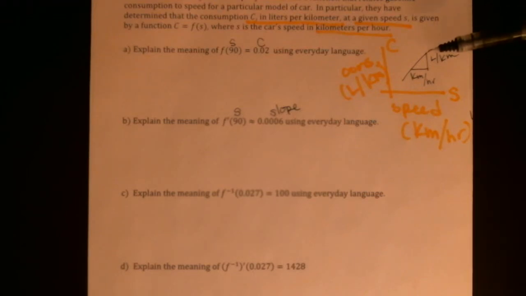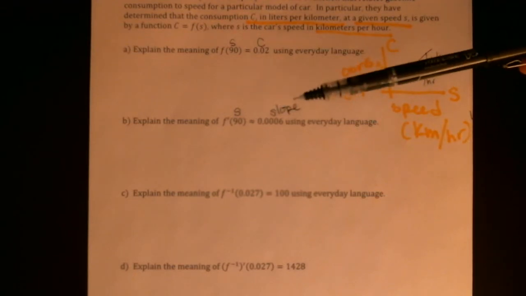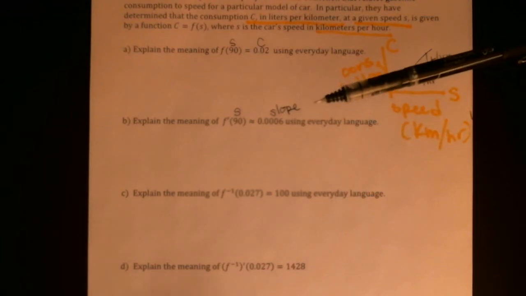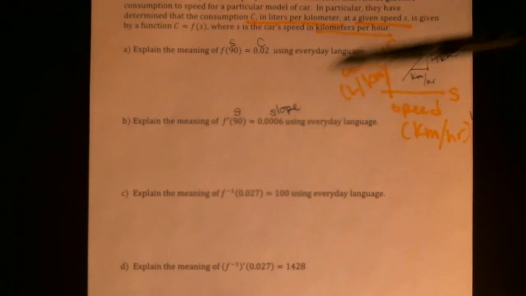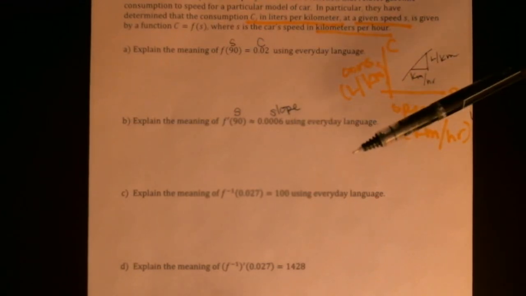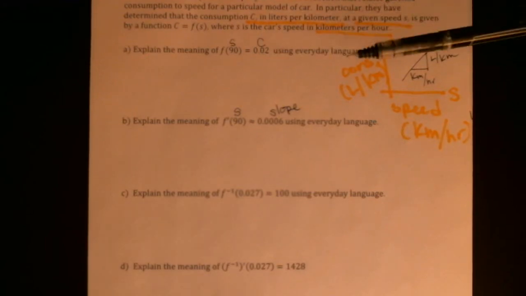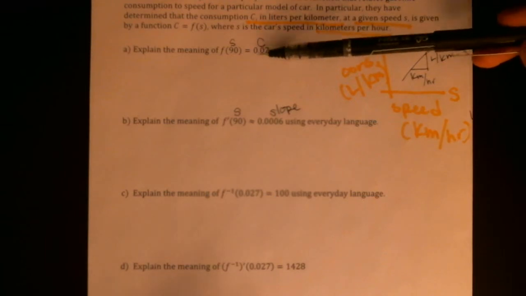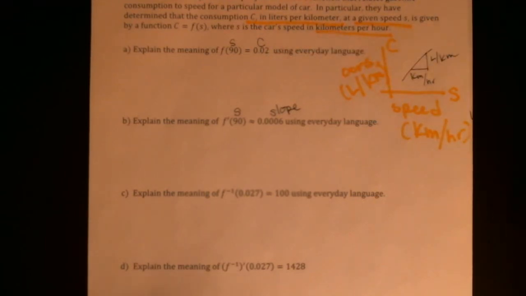Another way you could say that is increasing the speed from 90 to 91 kilometers per hour should cause fuel consumption to increase by about 0.0006 liters per kilometer. So the fuel consumption was 0.02 liters per kilometer. We predicted at 91 kilometers per hour, it's going to be 0.0206 liters per kilometer. So there's a couple different ways to word these.